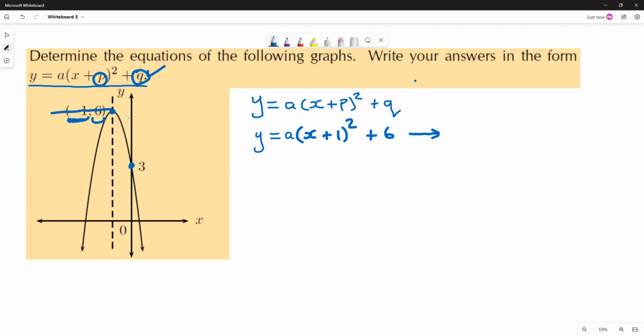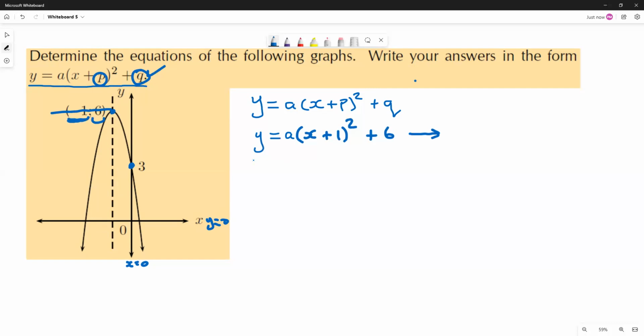On the y-axis, the x value is always 0, and on the x-axis, the y value is 0. So when you do the y-intercept, you make x 0. When you do the x-intercept, you make y 0.